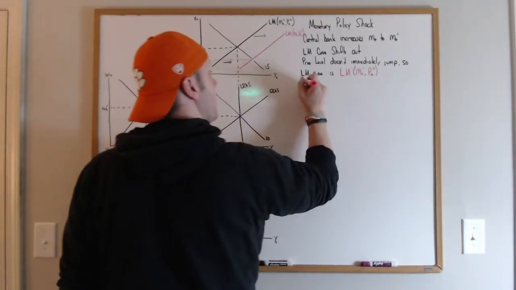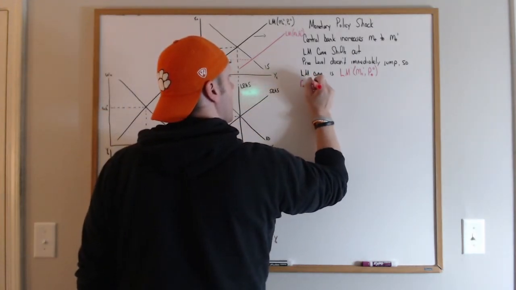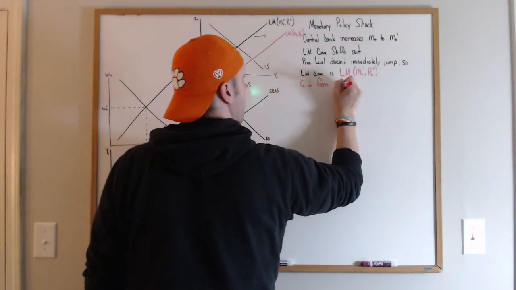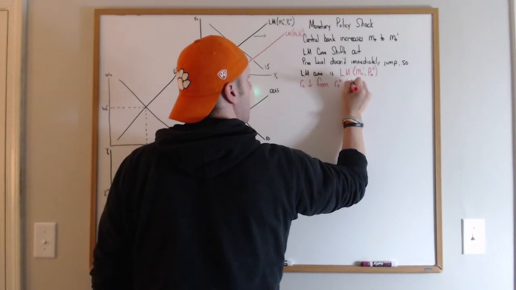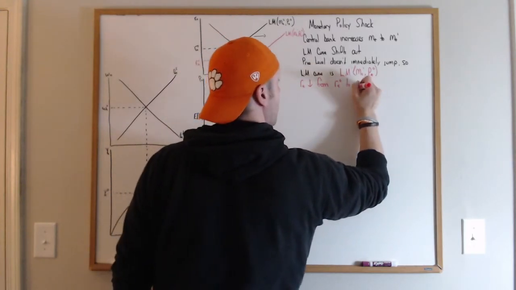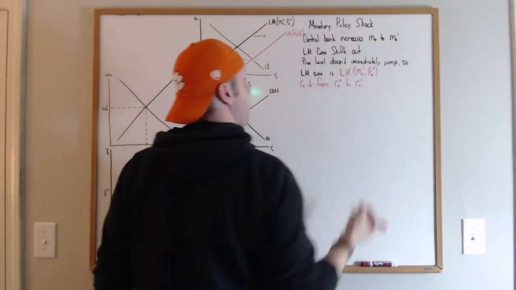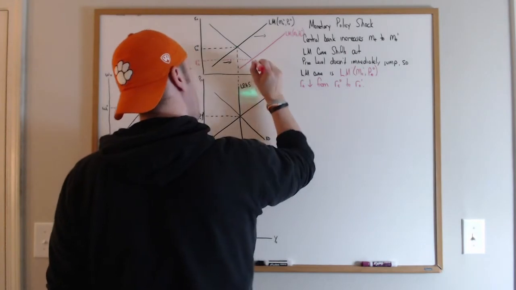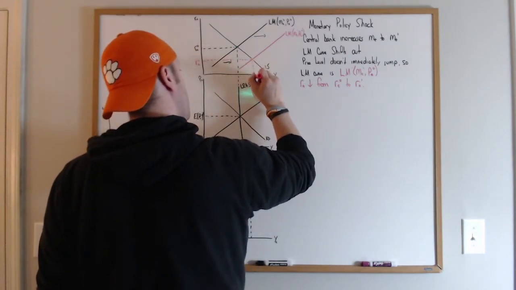The interest rate falls. So it falls from RT0 down to RT prime. All right, and then if you remember, we did this with the real business cycle model.